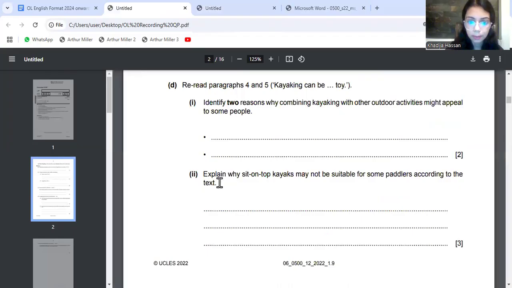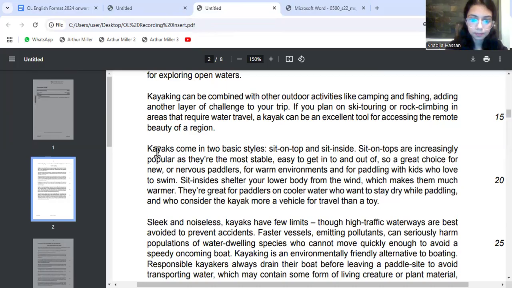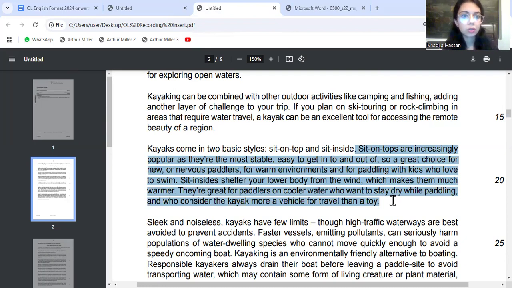Please read the question again. Explain why sit on top kayaks may not be suitable for some paddlers according to the text. Now, if we look at the text, it doesn't really talk about why sit on top kayaks are problematic or not suitable for certain people. It just talks about the people it is appropriate for.